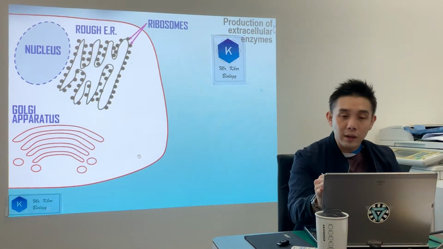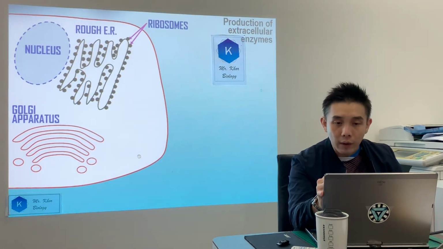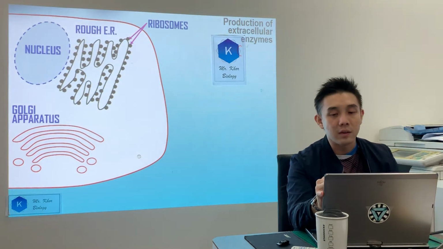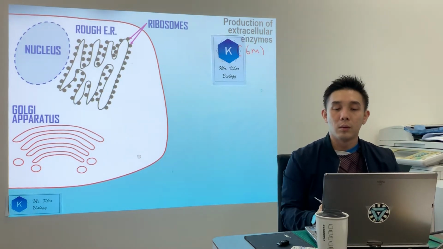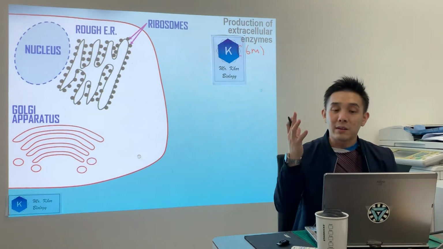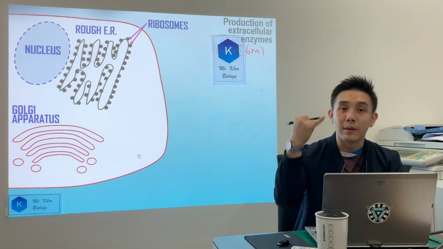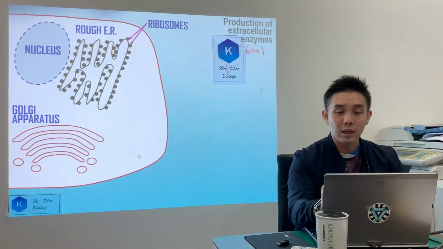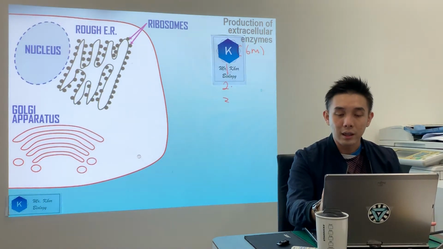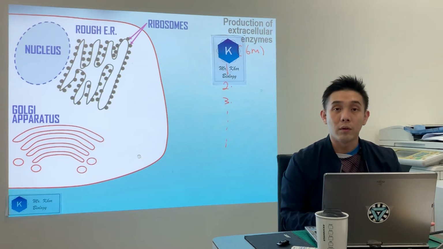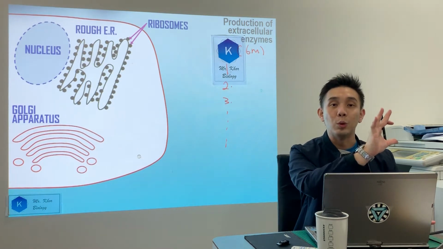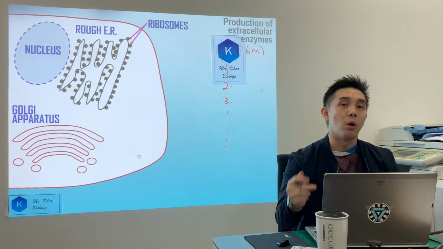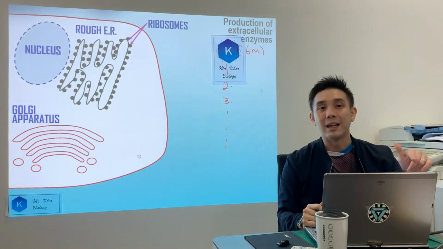Let's say the exam asks you production of extracellular enzymes, 6 marks. Means you have to come up with 6 points. So what is your first point, second point, third point, and so on. You must be able to answer.